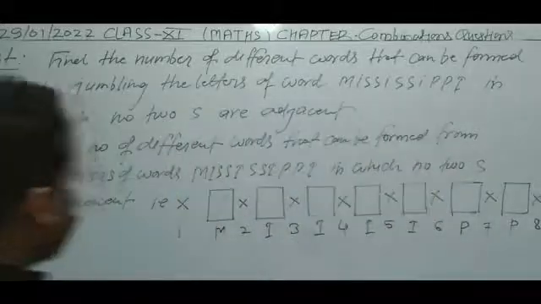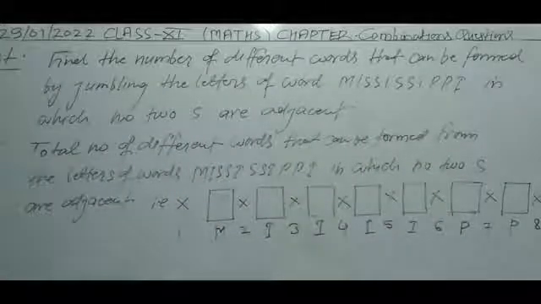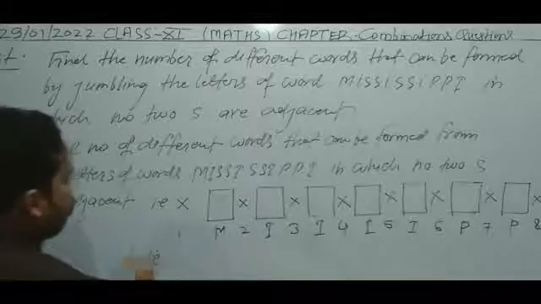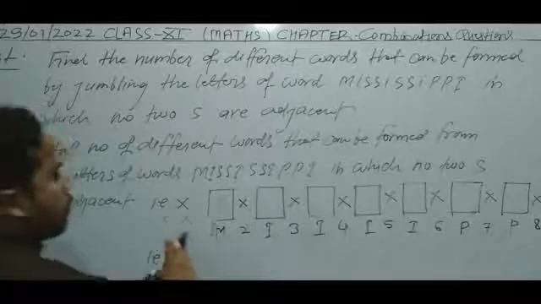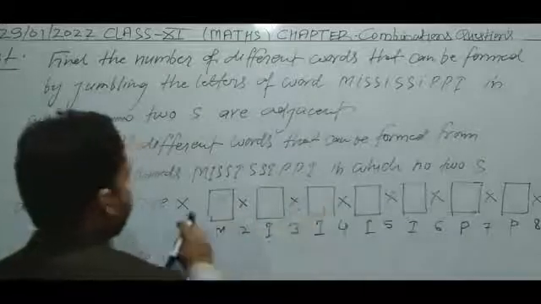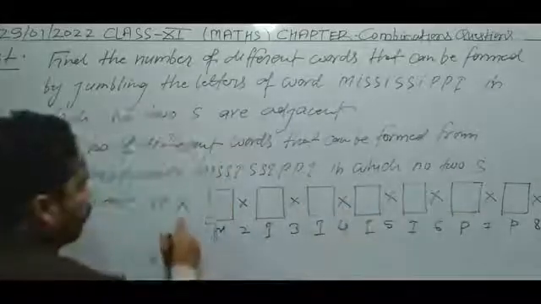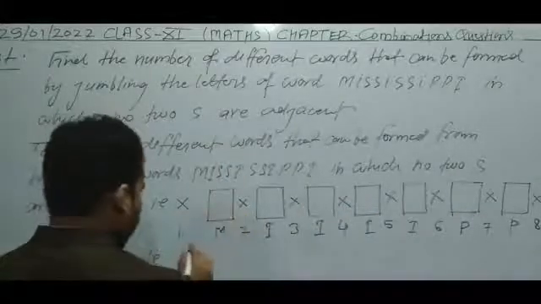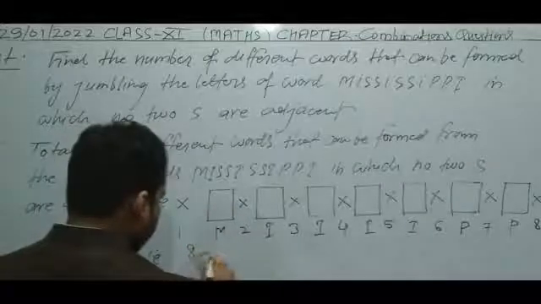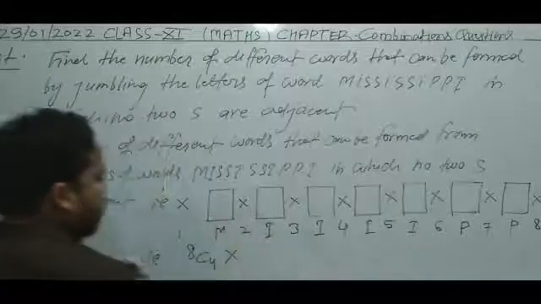So we can fill S in 8 ways: 1, 2, 3, 4, 5, 6, 7, 8. We have to select 4 out of 8. Now the result is 8C4, and multiply.